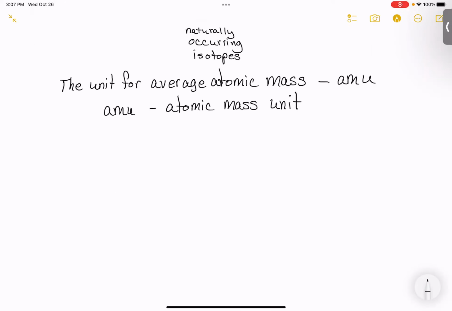So hydrogen has an atomic mass unit of 1.00794.